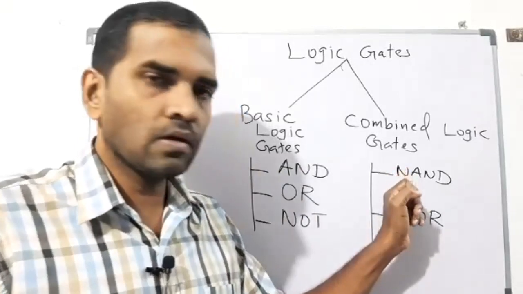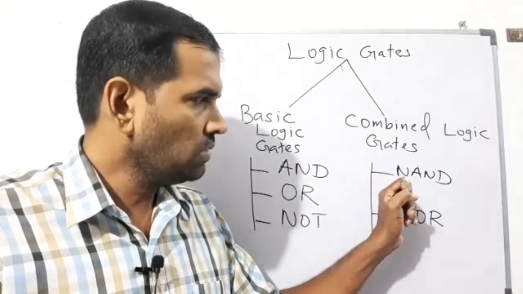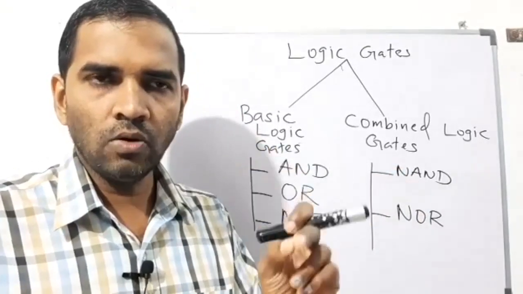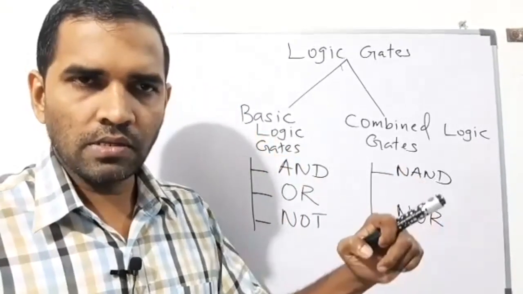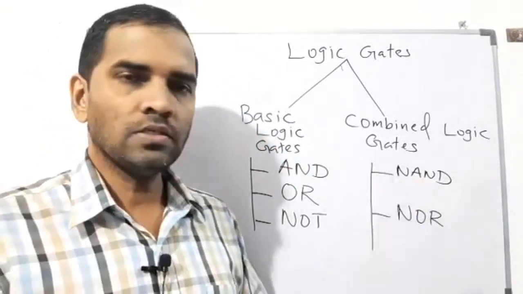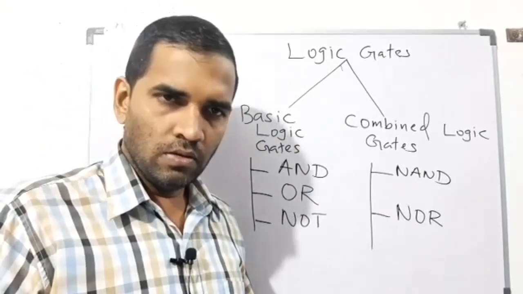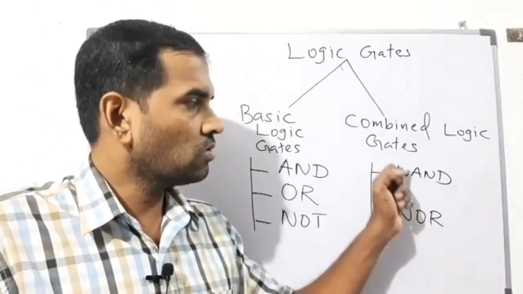Look closely at this name, NAND. The letter N denotes NOT, and obviously you have AND. So what are the two gates mixed there? NOT plus AND, that is, NOT gate and AND gate. That's why it is called NAND.